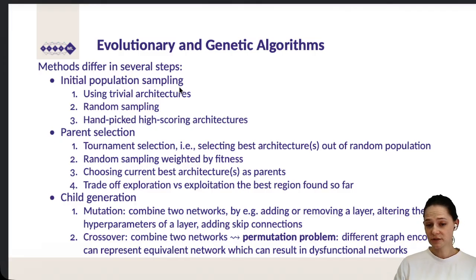We have mutation, where we alter a network by adding or removing a layer, altering the hyperparameters of a layer, or adding skip connections, or crossover, which combines two networks. However, in NAS we have a permutation problem, since different graph encodings, as we mostly look at neural architectures as graphs, can represent equivalent networks. So one network can be represented by different graph encodings, and doing crossover can eventually result in dysfunctional networks.